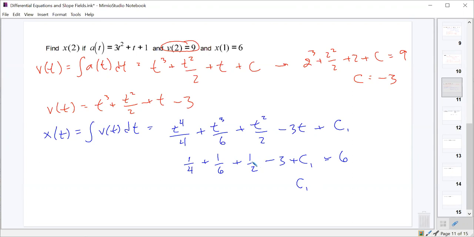Should be 9 minus a half minus a sixth minus a fourth, right? So what did that come out to be?